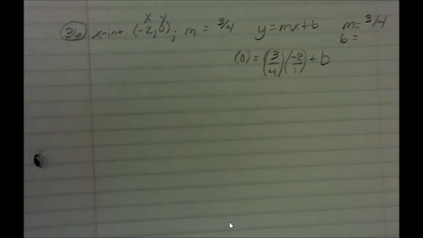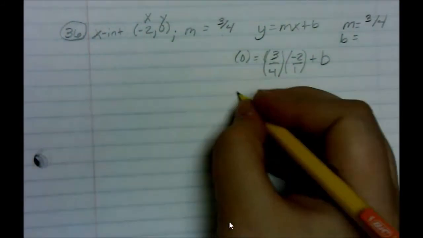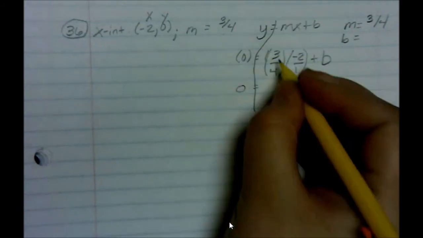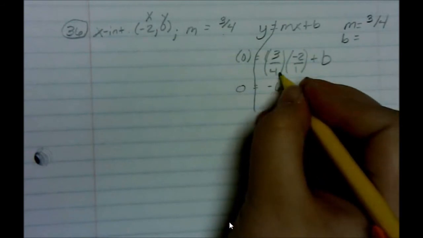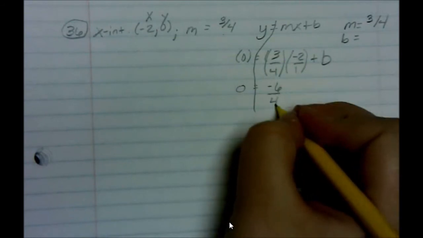So I get 0 equals 3 times -2 is -6. 4 times 1 is 4 plus b.